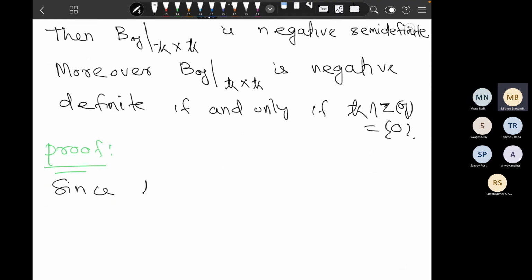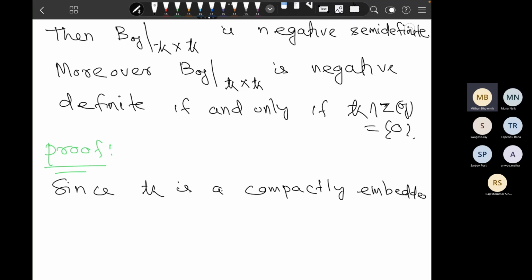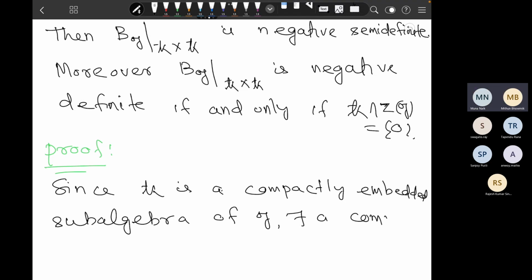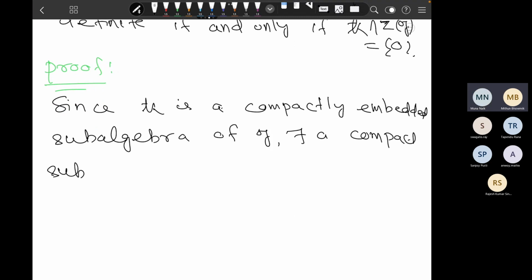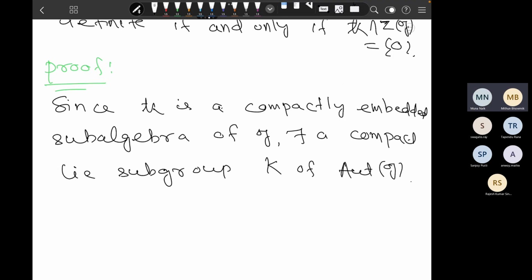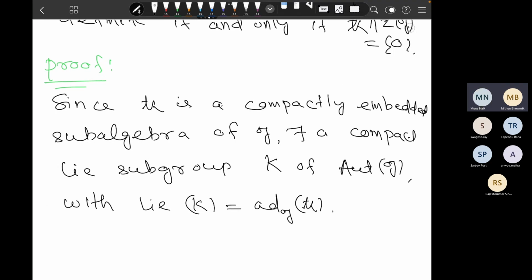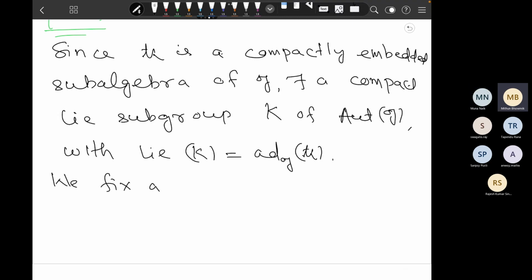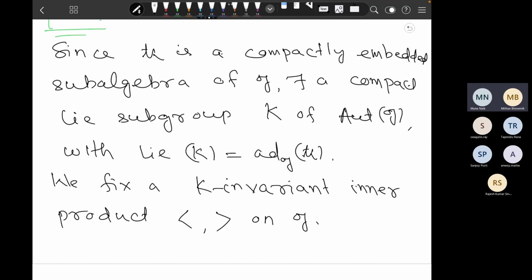Since K is a compactly embedded subalgebra of G, there exists a compact subgroup K of Aut(G) with Lie algebra of K being R_G(k). Now, since K is compact, we fix a K-invariant inner product on G, and this is possible. I have shown you this example.